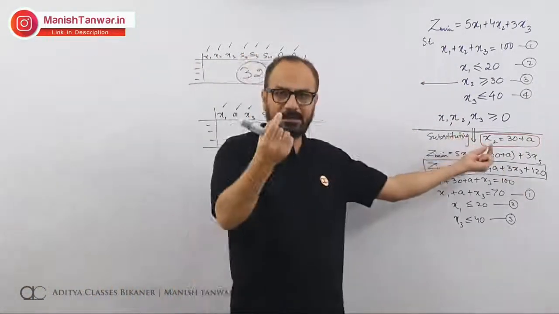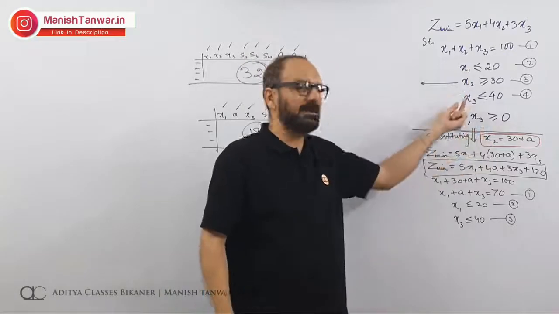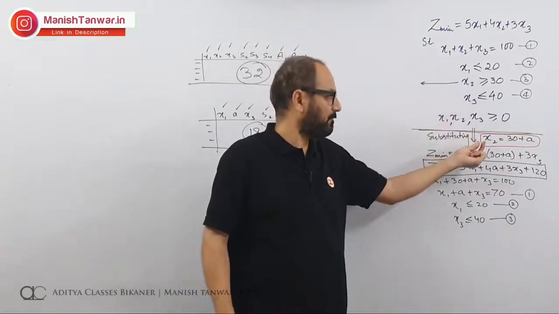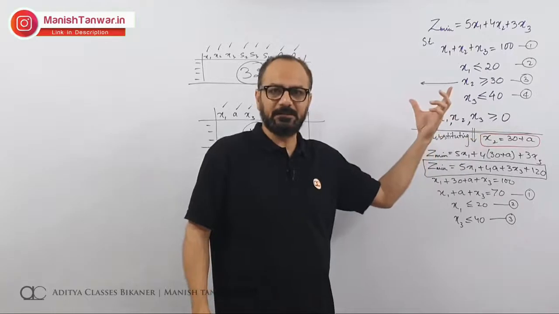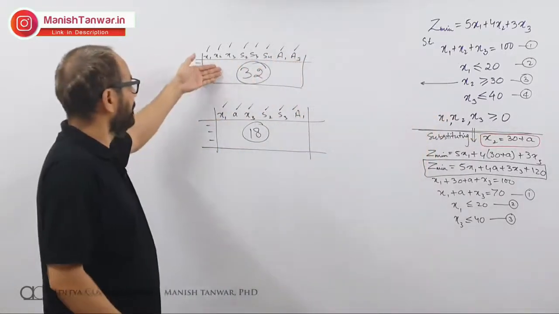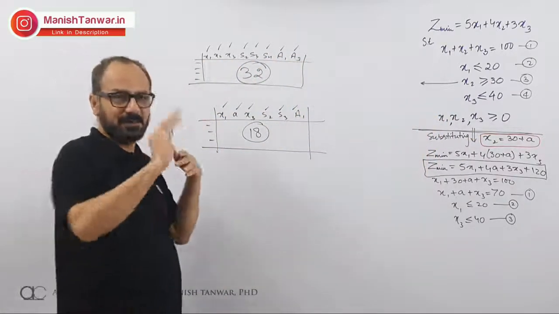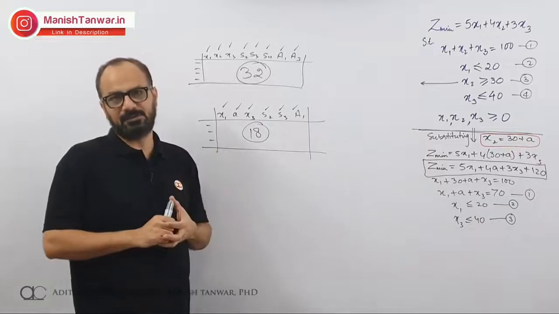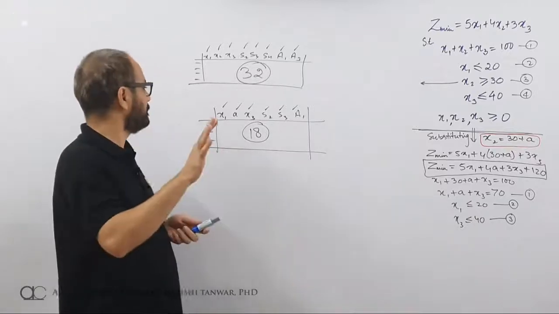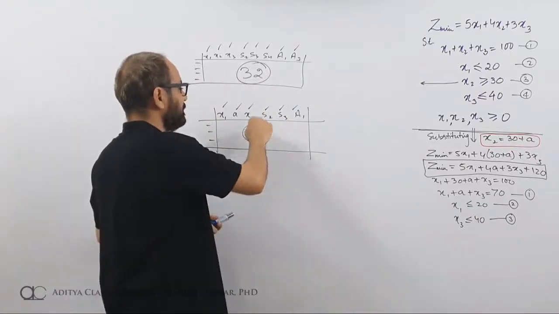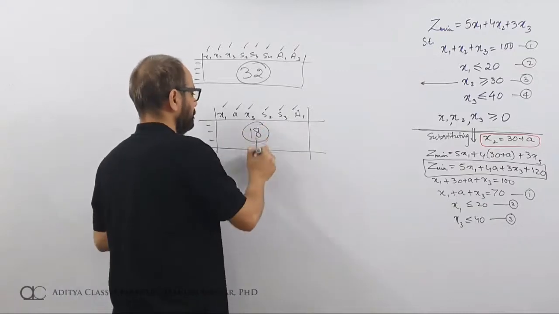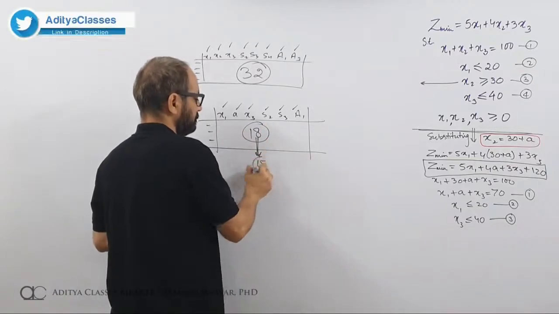Just a tiny, smart little substitution of x2 equal to 30 plus a has brought me down from 32 calculations per transfer to 18 calculations. And just wait for a moment, I will be reducing this 18 further down to 15.